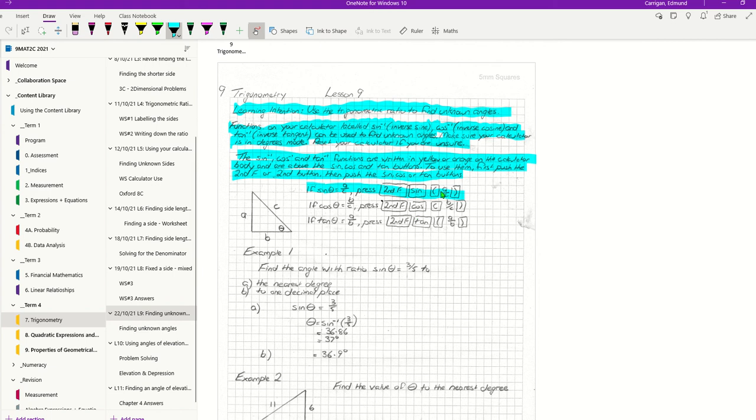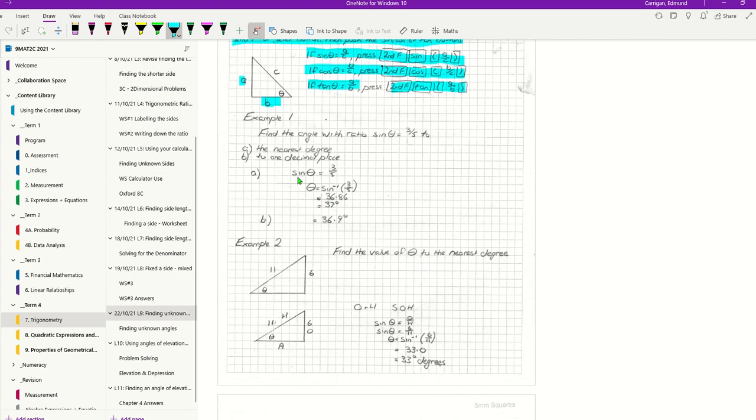Depending on the calculator, you can either put that in as a fraction, which a lot of people find easier, or you can use A divided by C, and we'll have a look at both of those. If cos theta is B on C, push second function cos, B on C. These letters obviously relate to here. And if tan theta is A on B, so tan theta is the opposite over the adjacent, press second function tan, A over B.